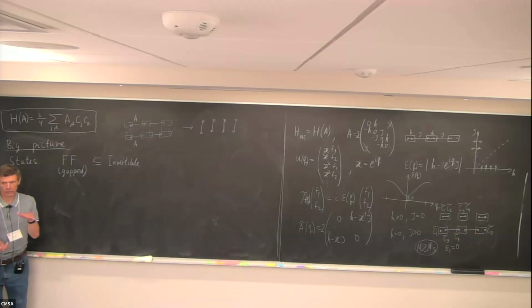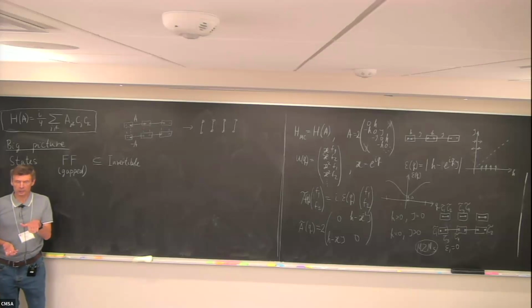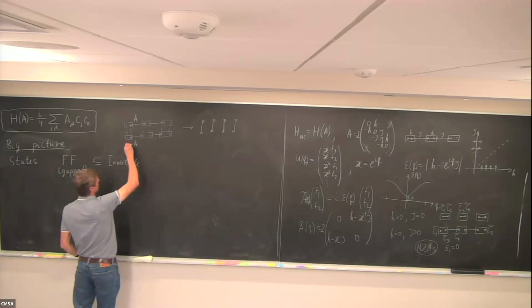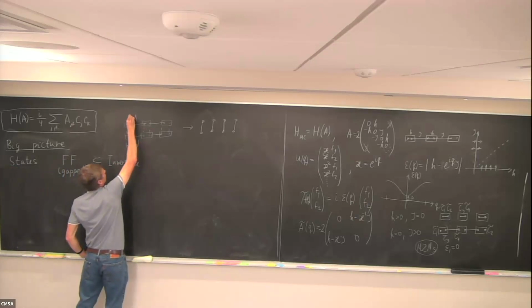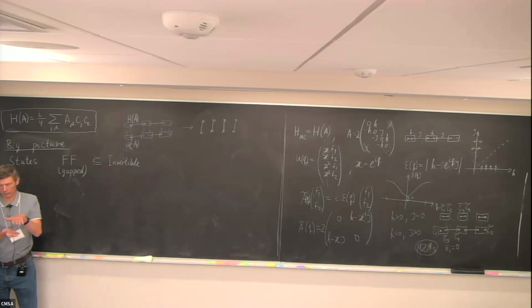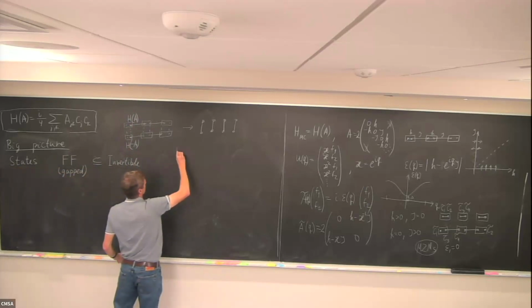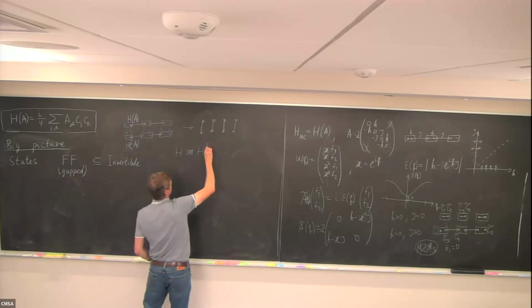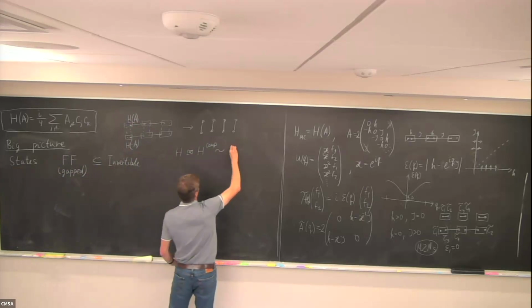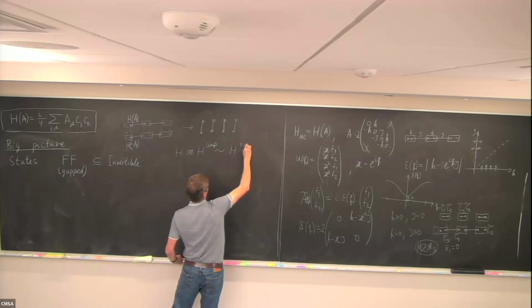So the idea of invertibility: given a state, there is a complementary state. In this case, described by a matrix of minus A, or more exactly, it's H minus A. It's called complementary state. And we can continuously go from H and H complementary to H trivial.